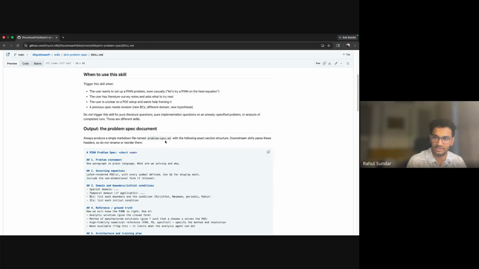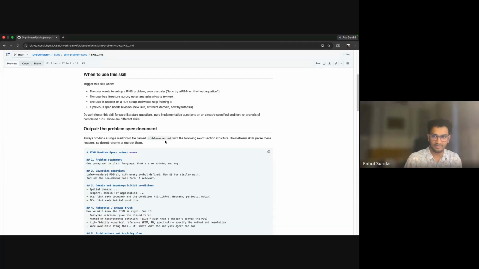Are there literature survey notes already? So what's interesting is that all these agents look for an upstream artifact. The problem specification skill looks for an upstream artifact that has been generated with the help of the literature survey PINN skill. And similarly, problem scaffold looks for an upstream artifact which has been generated from the problem specification: the hypothesis, design of experiments, a markdown file that comes out, or even a JSON object. You can configure it based on your requirement.